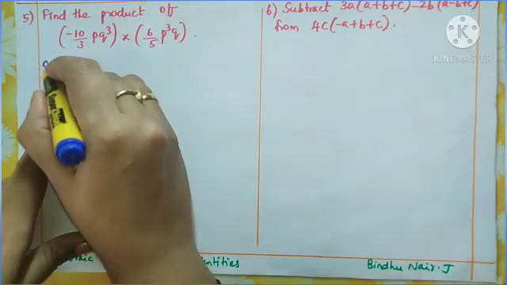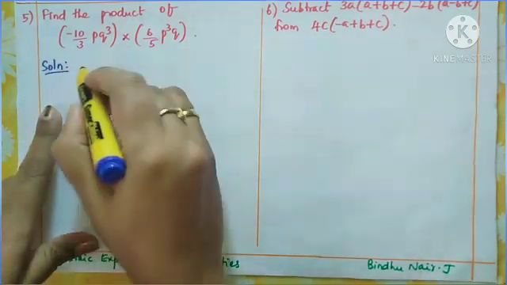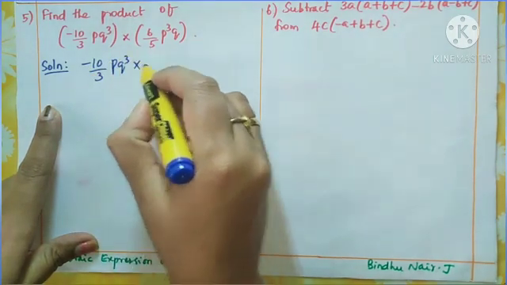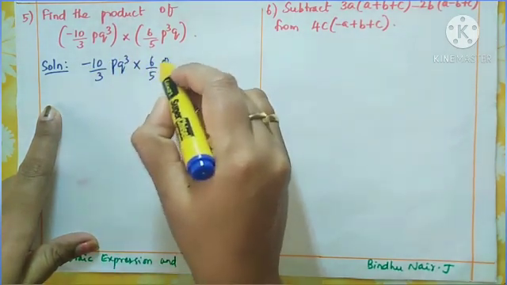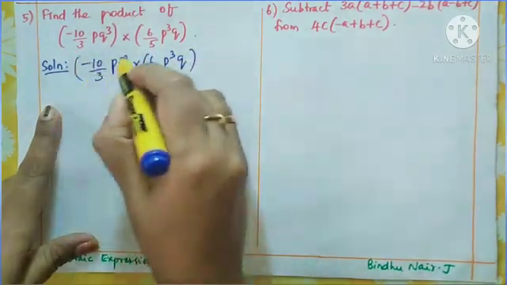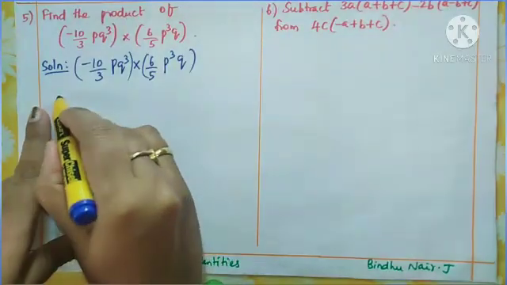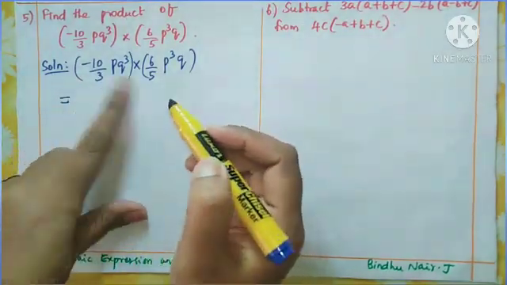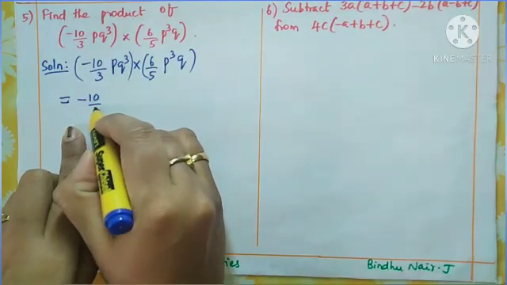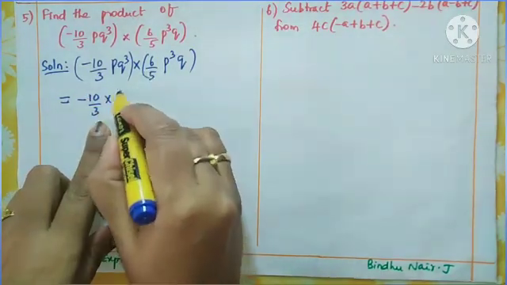So solution, write the question once. Minus 10/3 pq³ into 6/5 p³q. Okay, so this is the first term and this is the second term. Now this is equal to, first you need to collect the coefficients. So minus 10/3 and here 6/5.